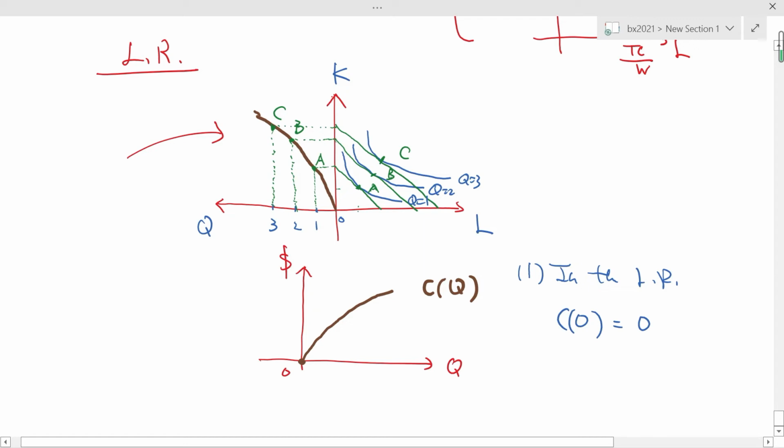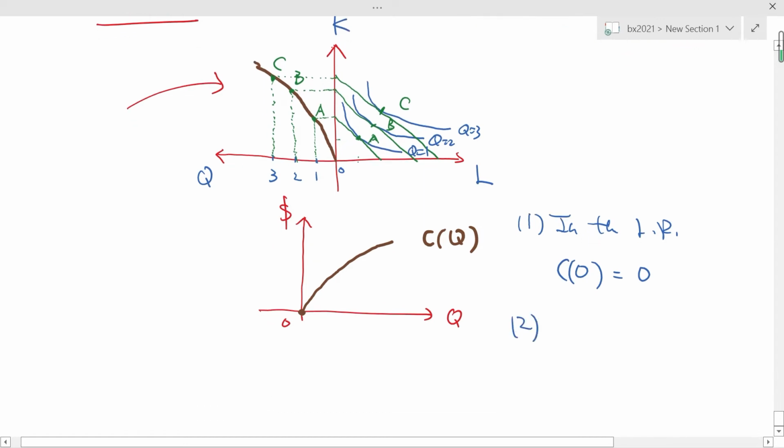The second observation is that, I hope you already noticed, in the construction of this long run cost function, firms are optimizing.